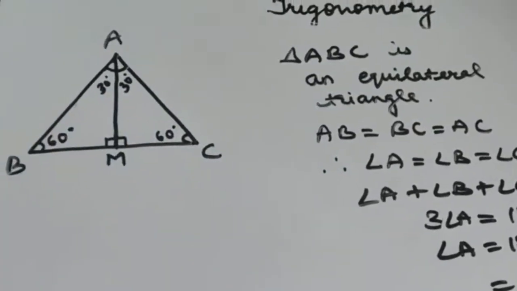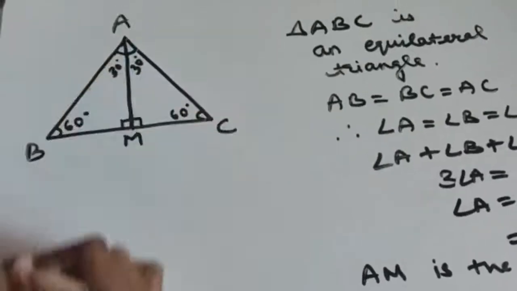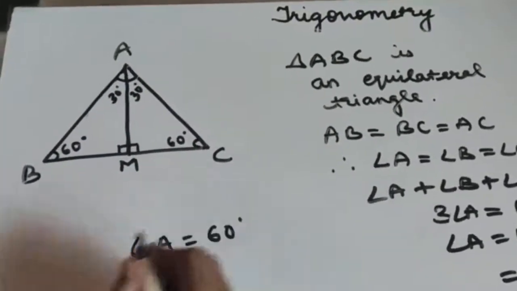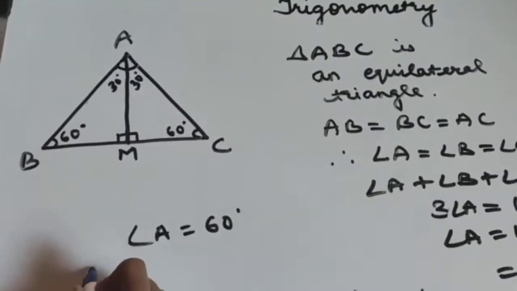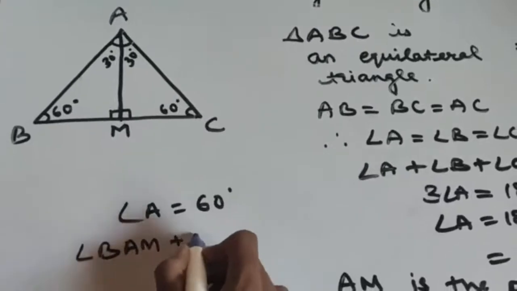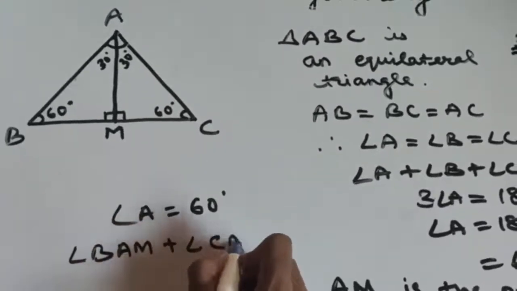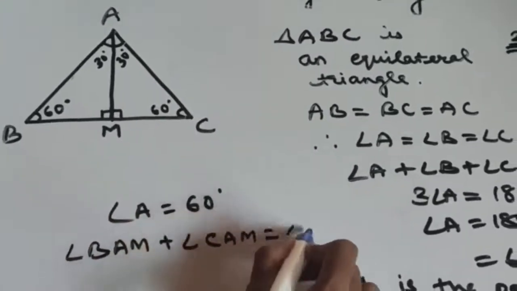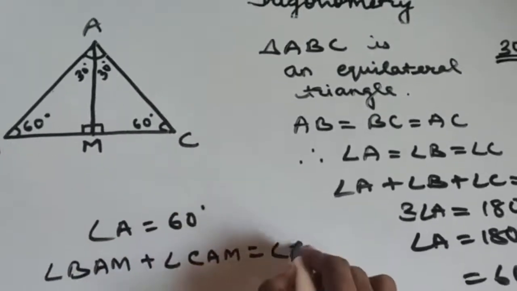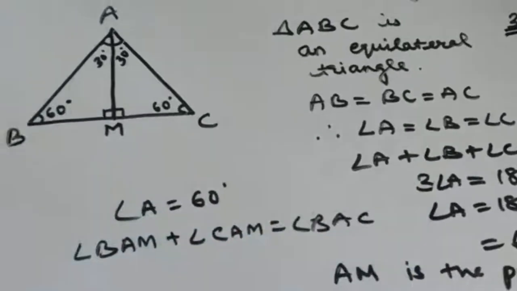Okay, so since angle A is 60 degree, angle BAM plus angle CAM is equal to angle BAC. Okay, we can say that.